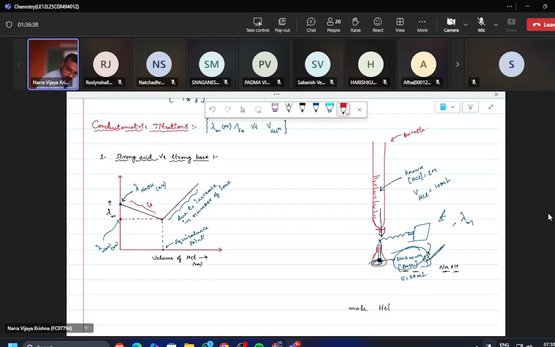Here I am writing OH- ions are replaced by Cl- ions. That's why it is decreasing. Correct? Any questions?